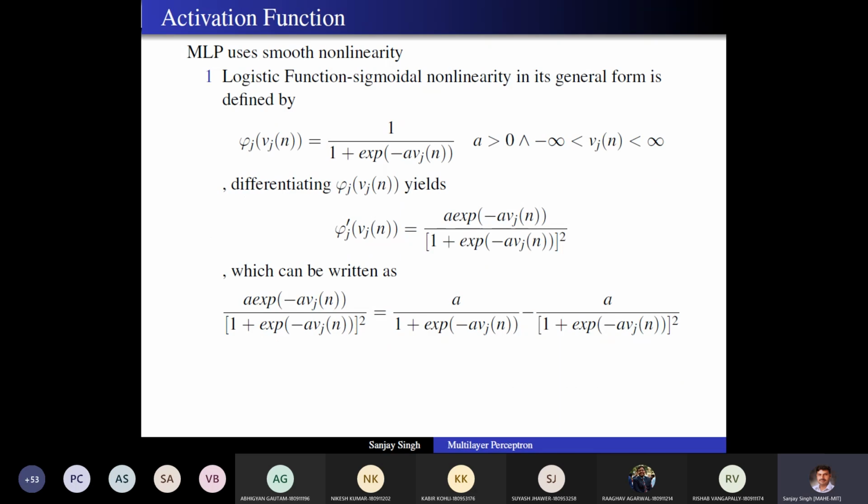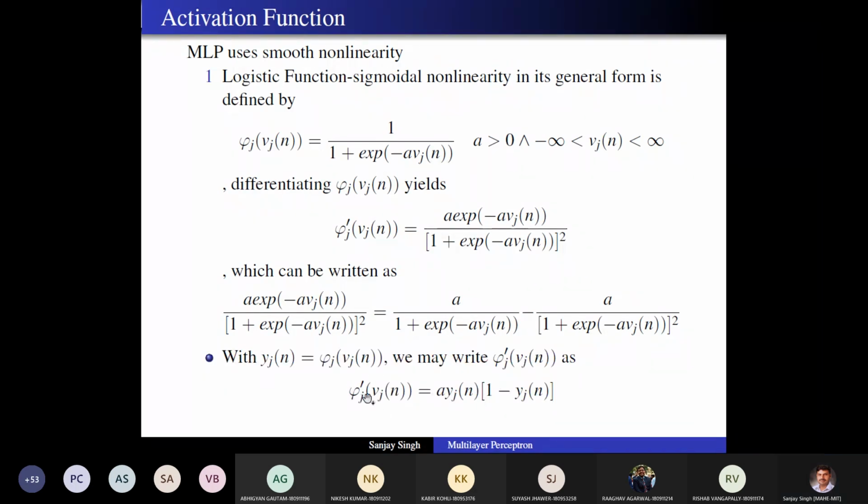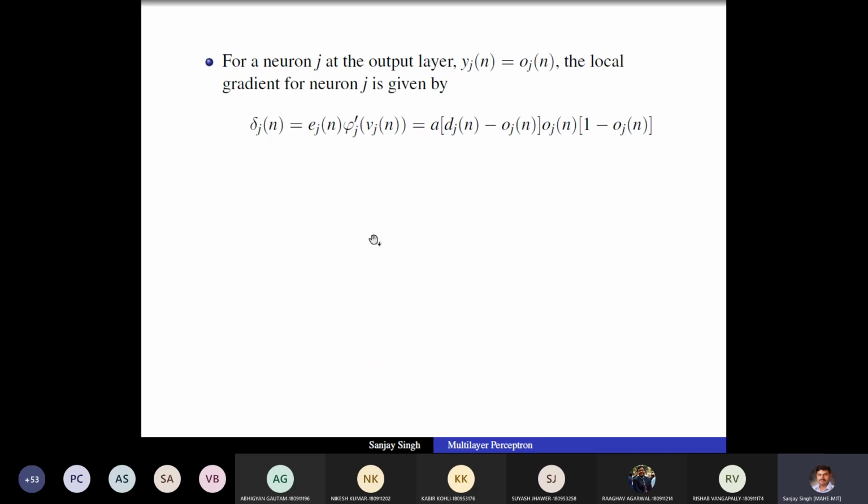Anyway, is this okay? Is this calculation of phi prime, which becomes this value, clear? Yes, sir. Okay. If this is okay, we'll say now, for a neuron j in the output layer, yj equals oj.